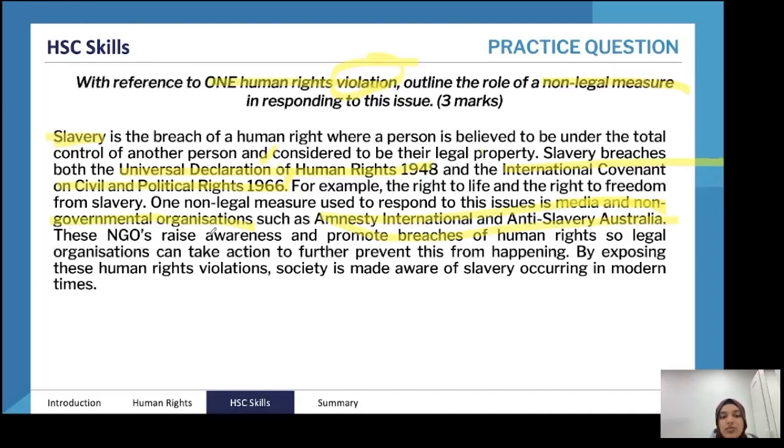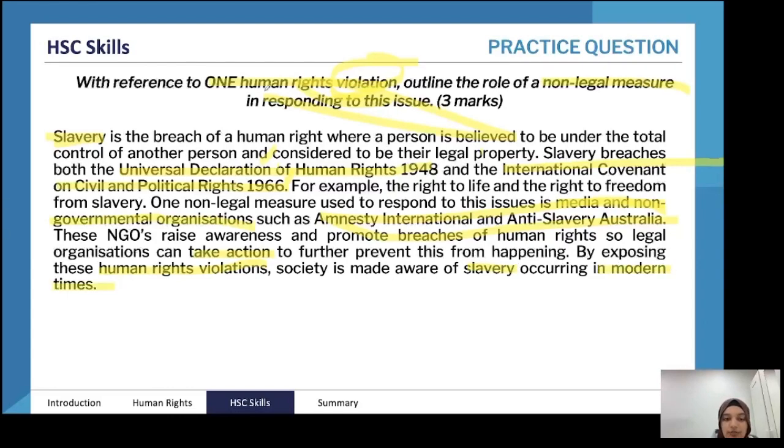These NGOs, basically, how do they help respond to the issue? Well, these NGOs raise awareness and promote breaches of human rights, so legal organizations can take action to further prevent this from happening. So, by exposing these human rights violations, society is made aware of slavery occurring in modern times.